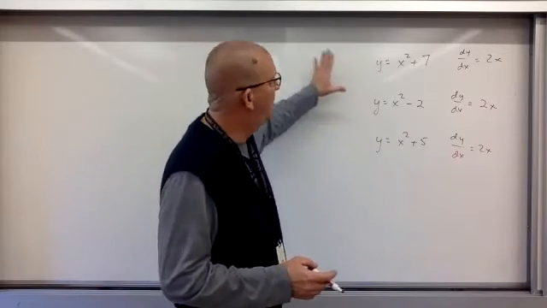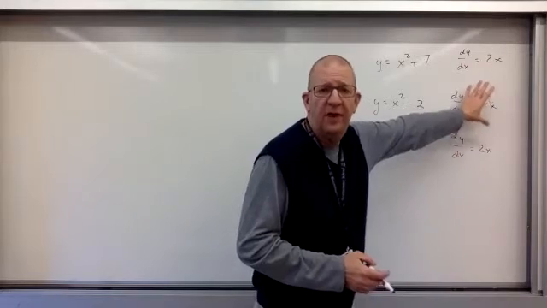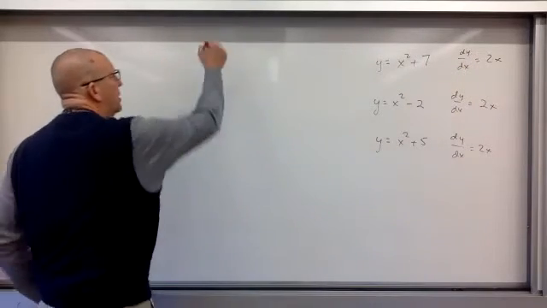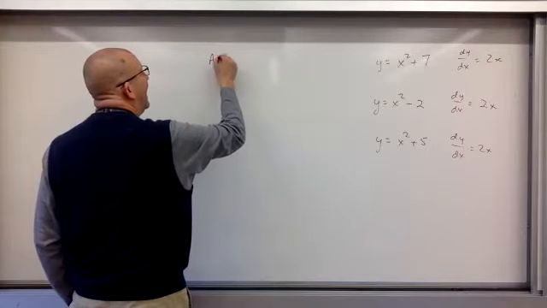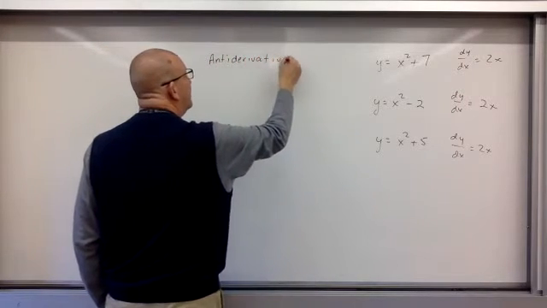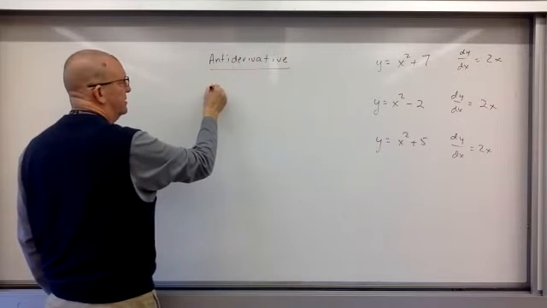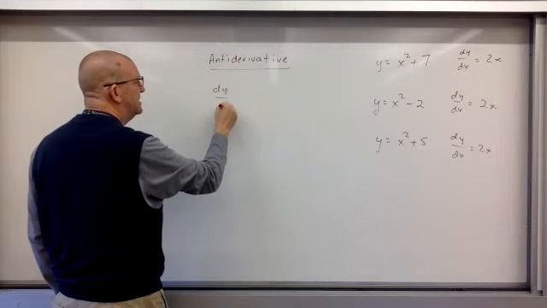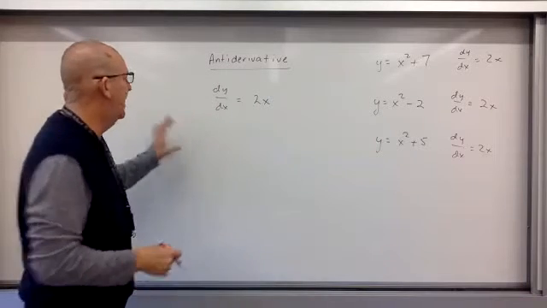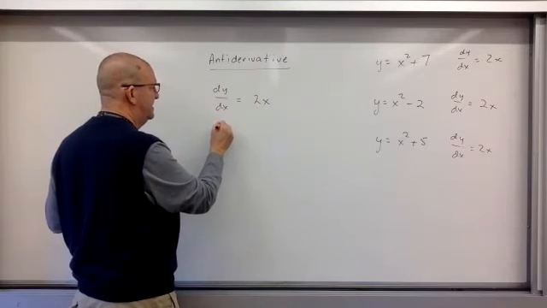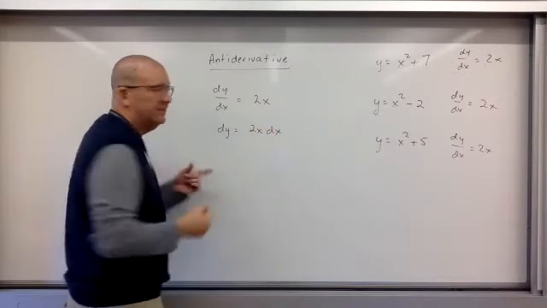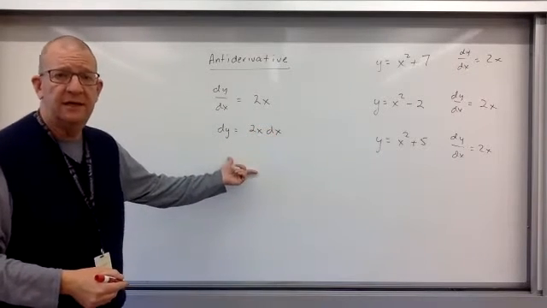So instead of going from the function to the derivative, we want to go from the derivative to the function. The word we're going to use is antiderivative. Pretty self-explanatory. So if I say dy dx equals 2x, you might say, okay, that means that dy equals 2x dx, and you'd be correct.